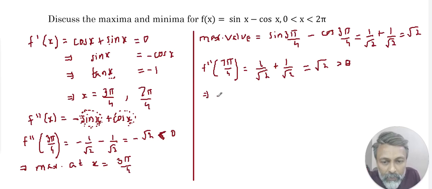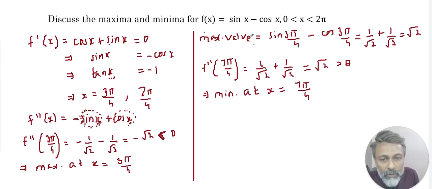Hence we get a minima at x equal to 7 pi by 4. Let us substitute 7 pi by 4 in the question and get the minimum value.